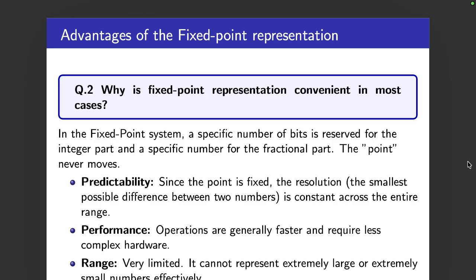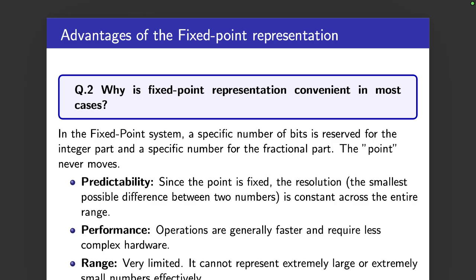The advantages of fixed point representation. In a fixed point system, a specific number of bits is reserved for the integer part and a specific number for the fractional part, and the binary point never moves. Predictability: since the point is fixed, the resolution, the smallest possible difference between two numbers, is constant across the entire range.